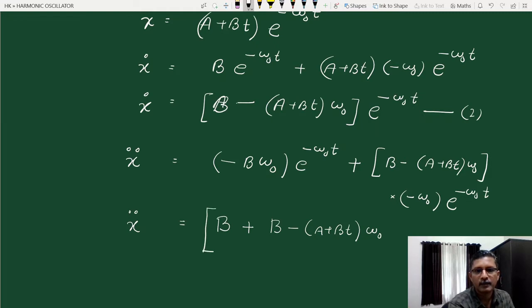This is multiplied by the term that is taken outside, minus omega 0 e raised to minus omega 0 t. And this is equation 3.